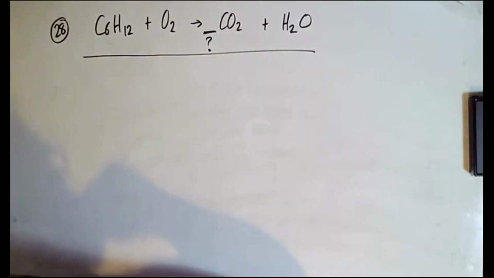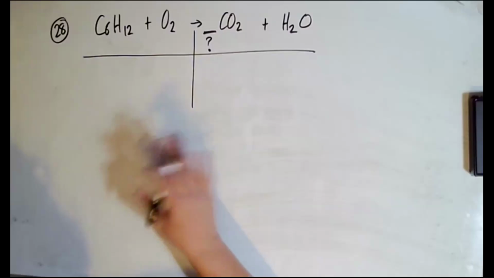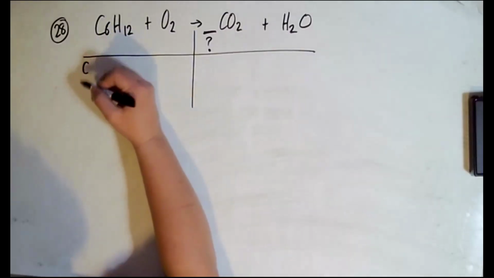All right. So the first thing we're going to do, just like before, we're going to split our reaction up into 2 halves, and we're going to keep track of our elements on each side.